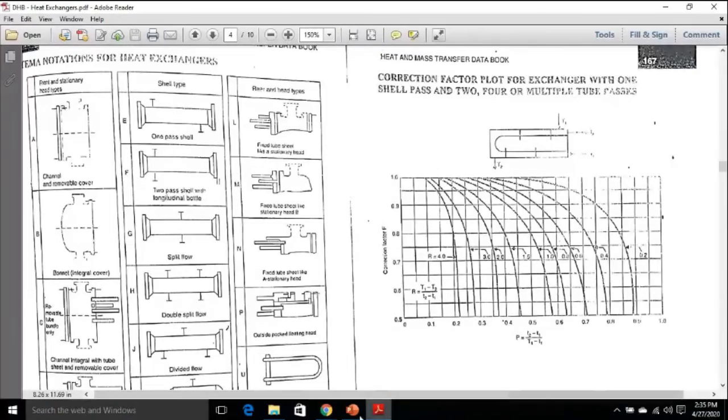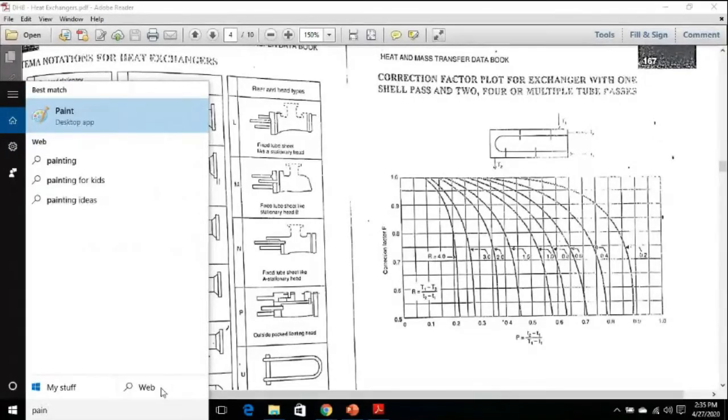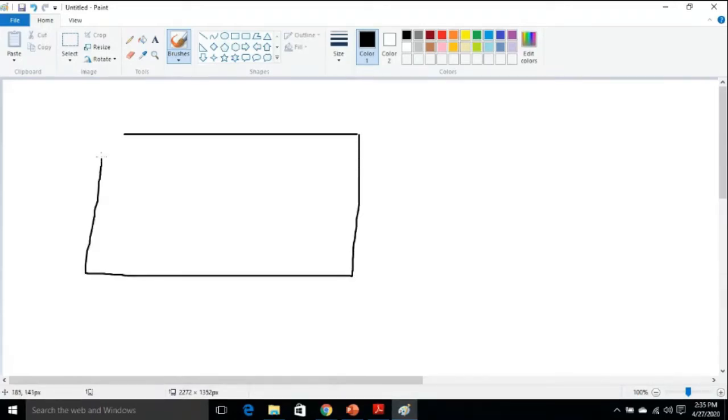What does it mean? I'll just open Paint for you. We have a shell like this. We have a single shell, and in the shell, if they are saying 2 passes, it means the tubes are coming like this.